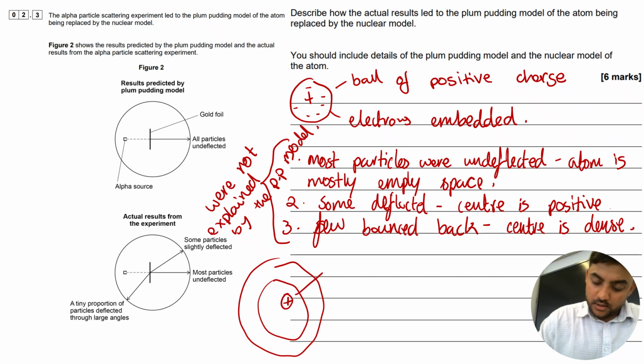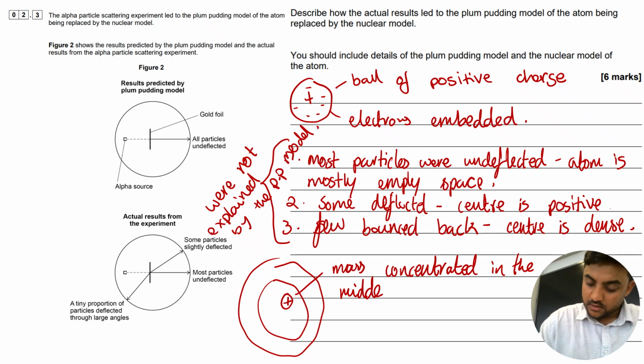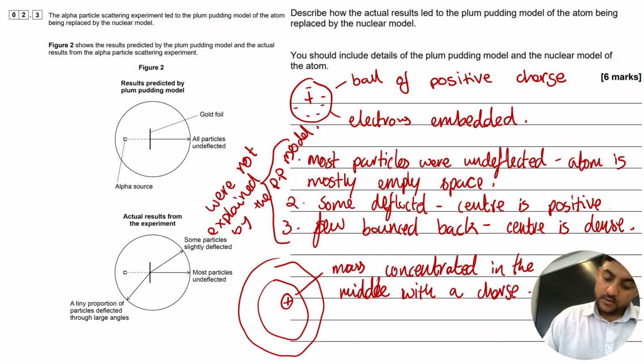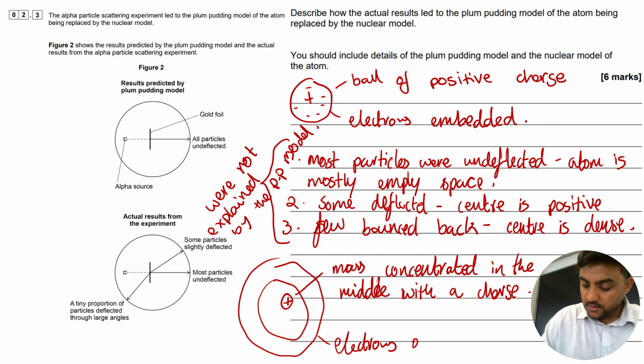So, the nuclear model has mass concentrated in the middle and with a charge, electrons orbit, and atom is mostly empty.